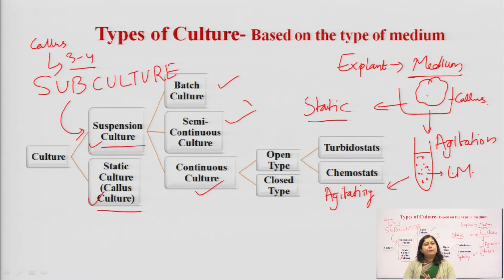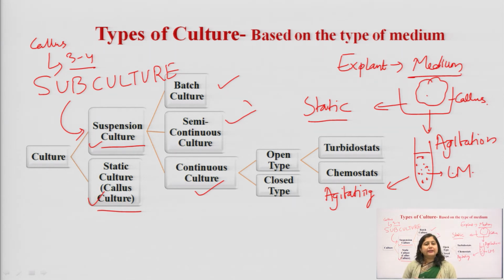So, every 4 to 6 weeks, you are taking the cells and putting them into a fresh medium. So, batch to batch, you have the first batch of 6 weeks, then the second batch of 6 weeks, then the next 6 weeks. This goes on one by one. This is the batch culture.